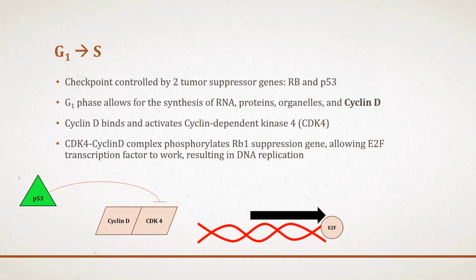And actually, it inactivates CDK4, also resulting in blockage from G1 phase into the S phase, resulting in less proliferation. P53 is by far the number one most important gene for human cancer. And it's very important that we remember that.